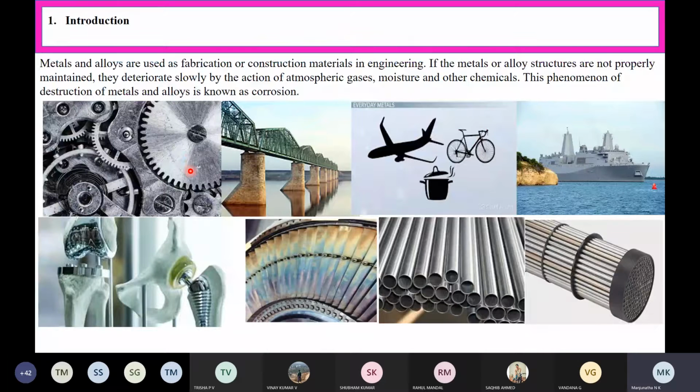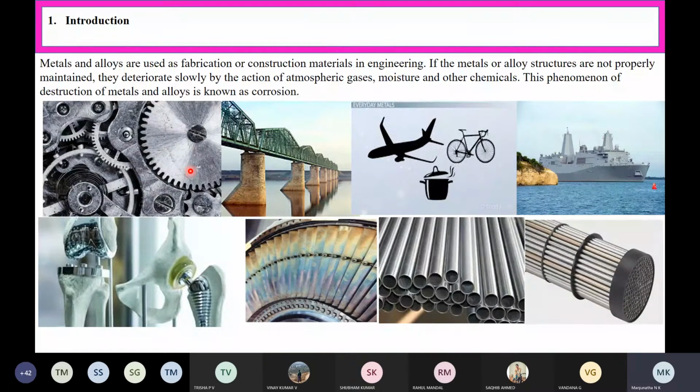Whatever metals we get are used for several purposes, like in fabrication, construction materials, engineering, etc. Once that metal is exposed to the surrounding environment, in the presence of air or oxygen, moisture, or other gases or chemical substances, the metal surface undergoes a chemical or electrochemical reaction with the surrounding environment.